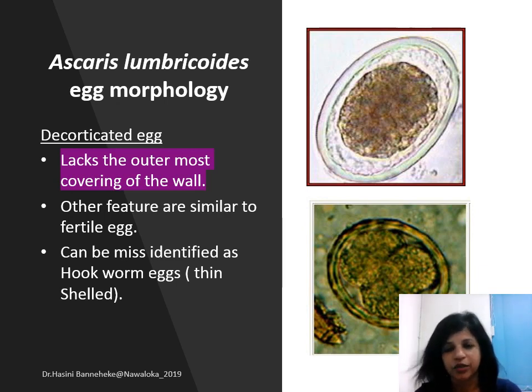Whichever it is, I'm trying to show you that when the mammillated layer is sloughed off, it can be entirely gone or partially gone, like the picture below. Okay, so decorticated eggs are also Ascaris lumbricoides eggs, fertilized eggs, where the mammillated layer is partially or completely gone.